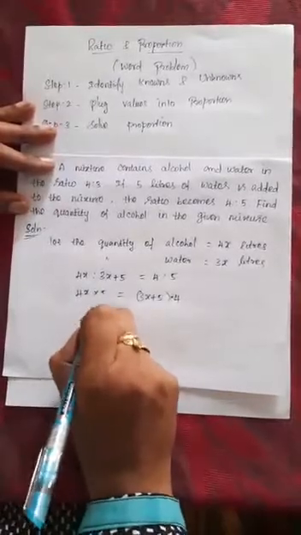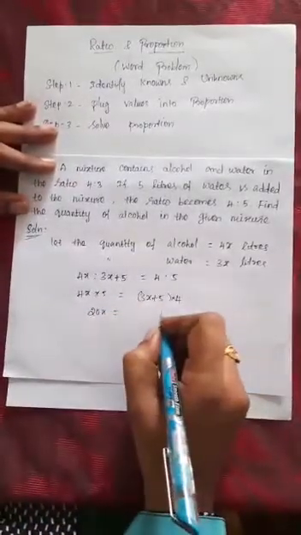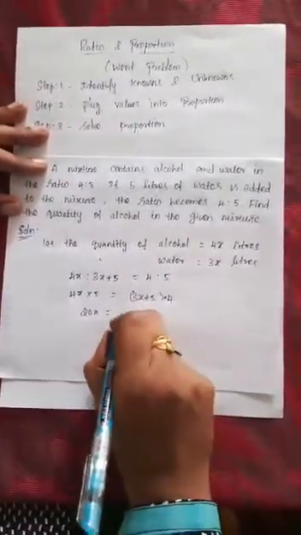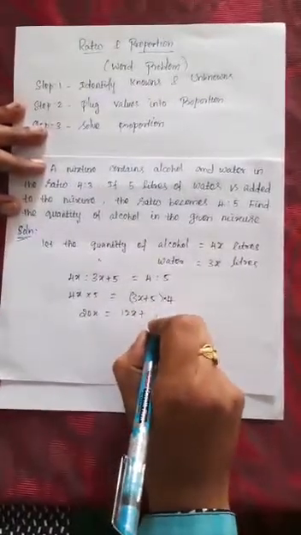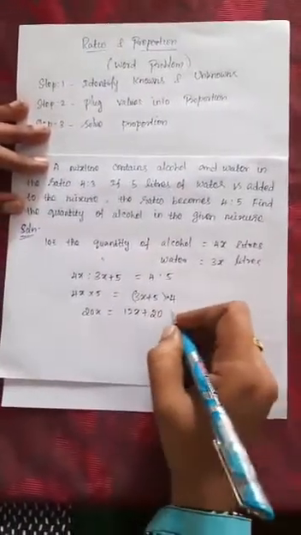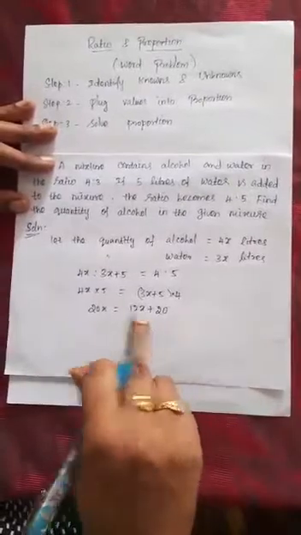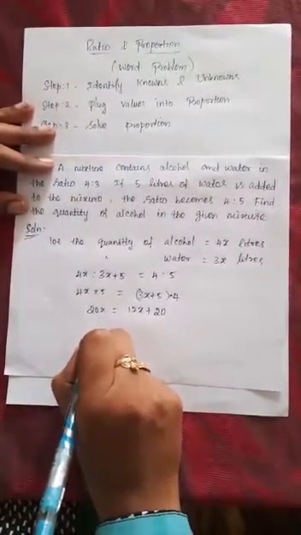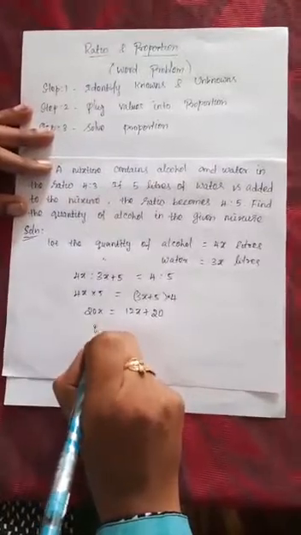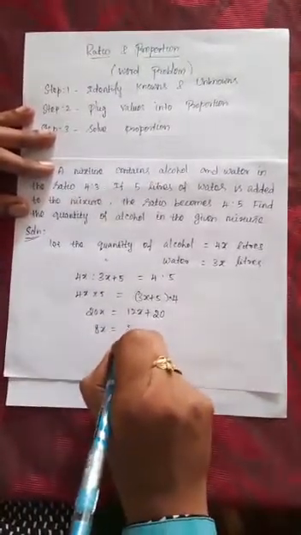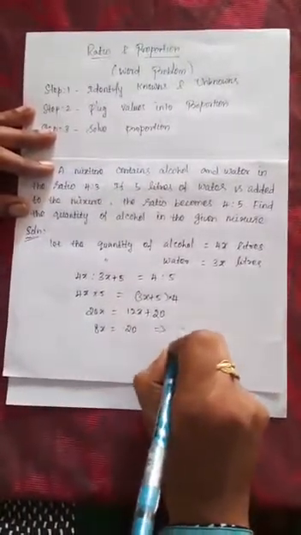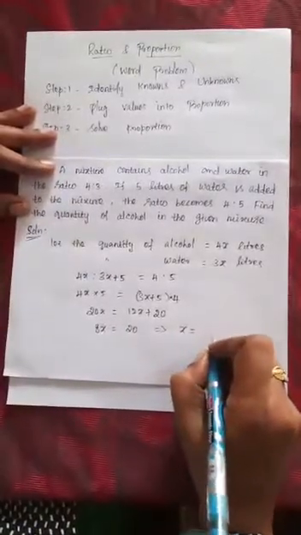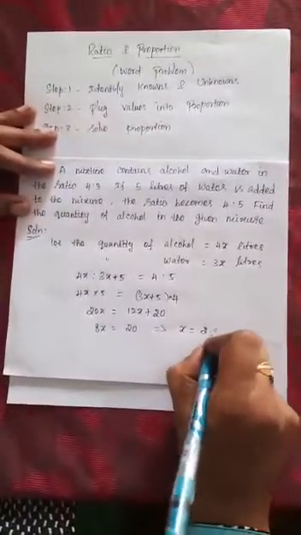So 20x is equal to 12x plus 20. So 20x minus 12x is equal to 8x, which is equal to 20. So x is equal to 20 by 8, that is 2.5.